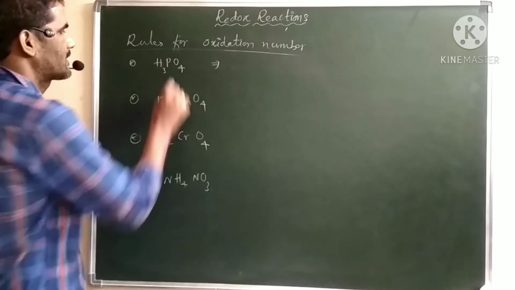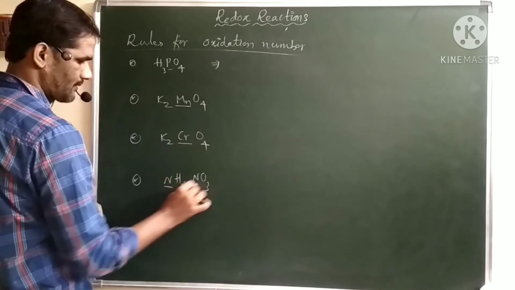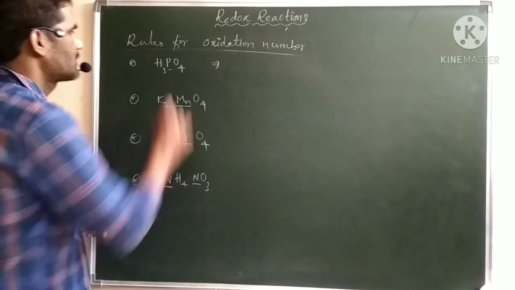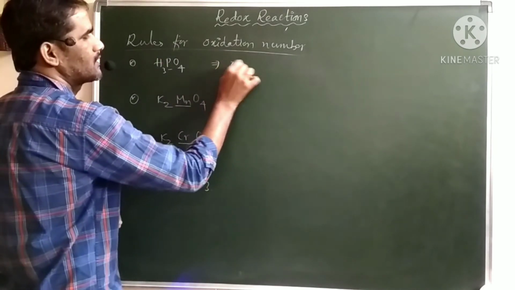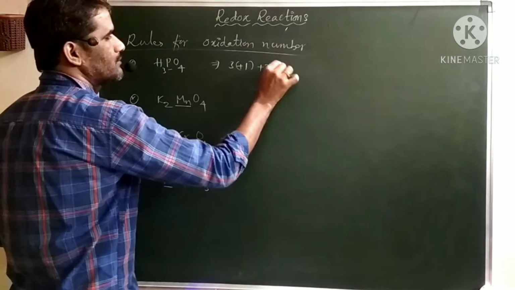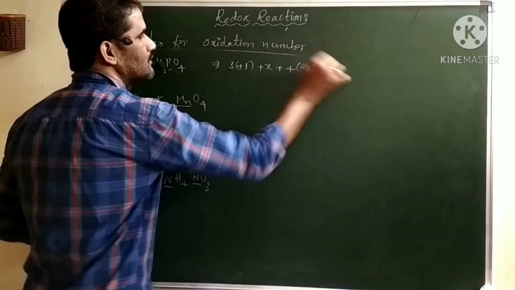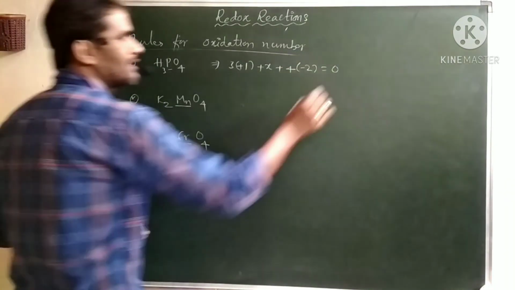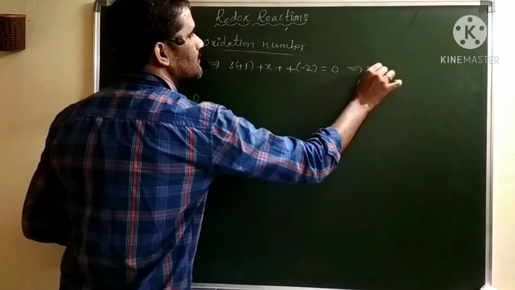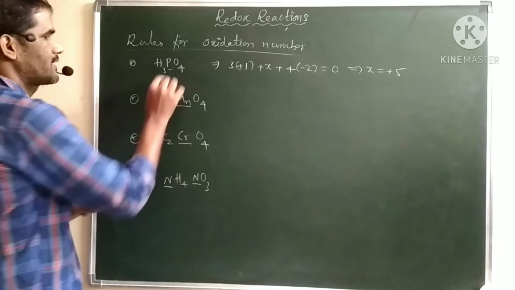Here if you want to calculate the underlying element's oxidation state, in phosphorus, 3 hydrogens are there, 3 into +1, and phosphorus let us assume X, 4 oxygens are there, 4 into -2 equals 0. Then we will get X equals +5. So here the phosphorus oxidation state is +5.